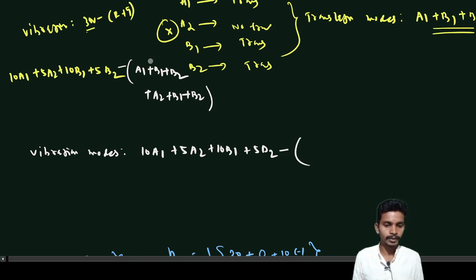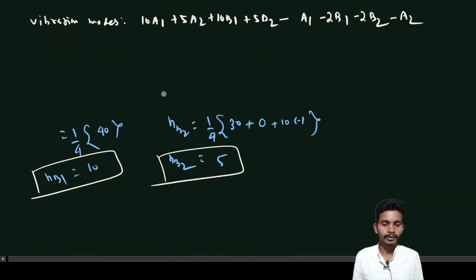Then minus A1, so I will simply write this minus A1, and B1 are 2, so minus 2B1, and B2 also 2, minus 2B2, and A2 is 1, so minus A2. So if we calculate it, then we get the vibrational modes.